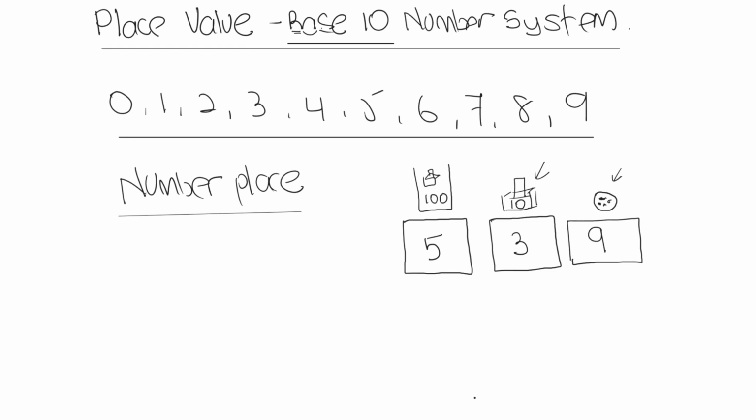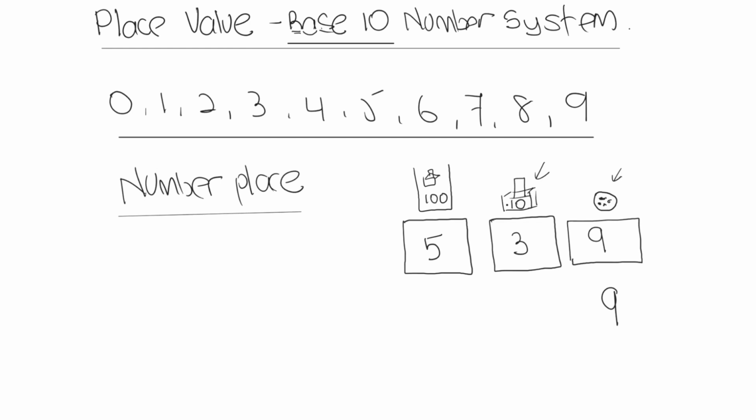What are the values of these digits? Now let's try to understand this. The digit 9 represents individual cookies, cookies packed individually, which means there are 9 cookies. You would agree to that, right?